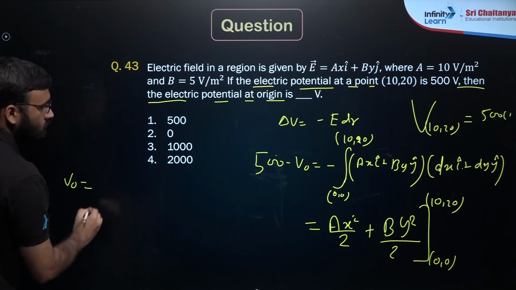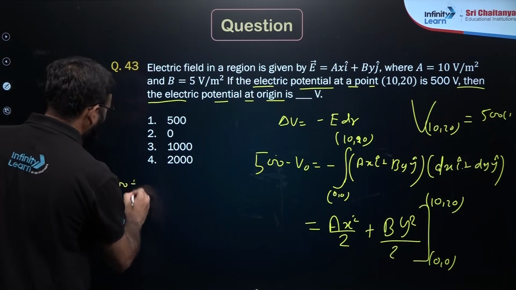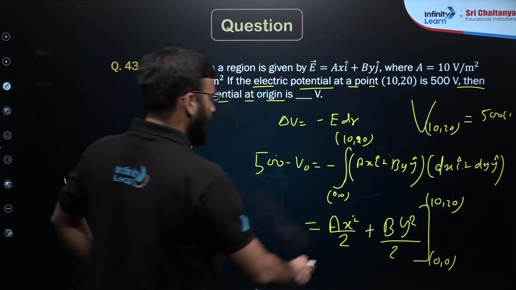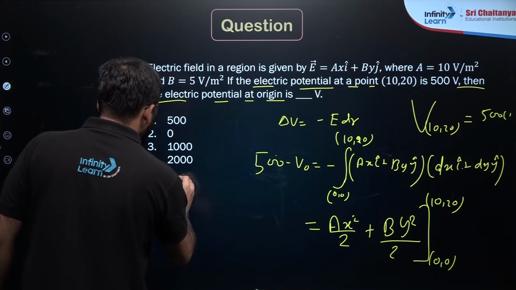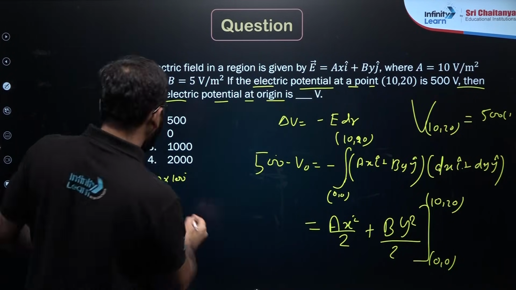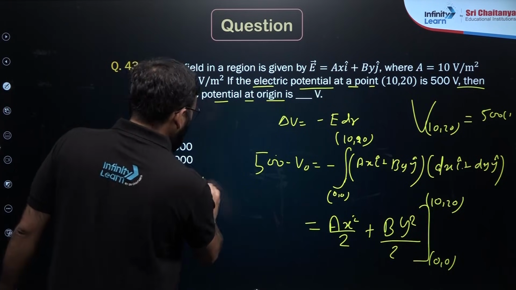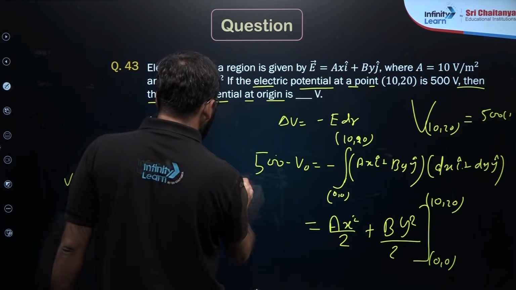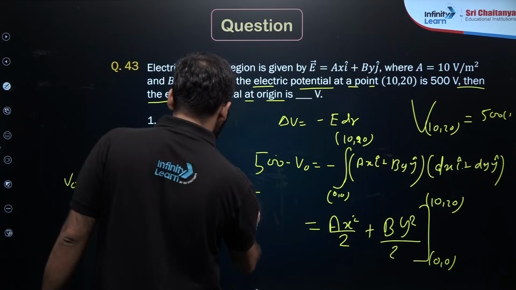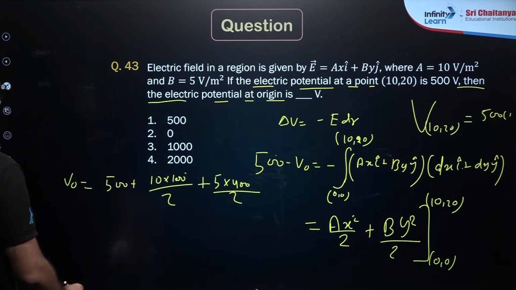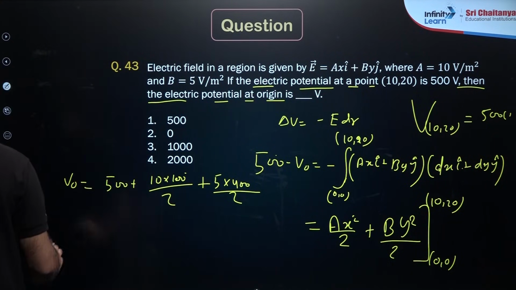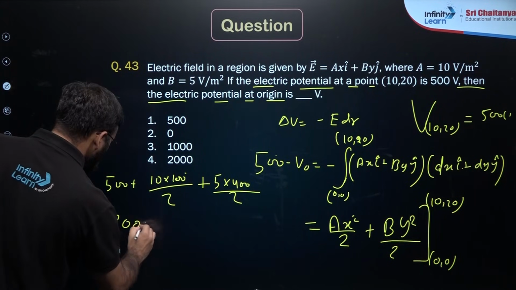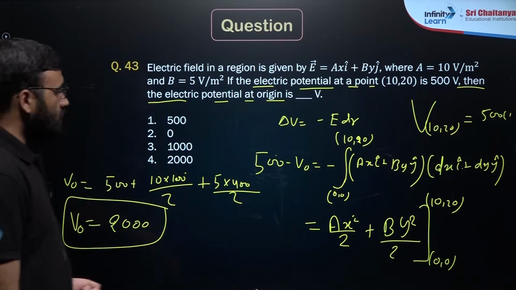V naught equals 500 plus A is 10 into x is 10, 10 squared, that is 100, divided by 2, plus B is 5 into y is 20, 400 divided by 2. Just solve this one. So V naught you can get 2000. Okay beta, so nothing else is there.